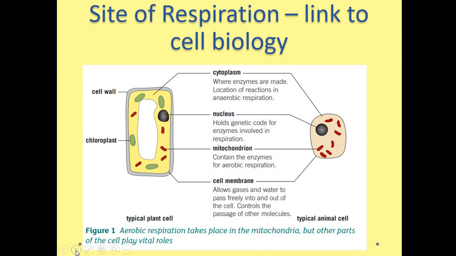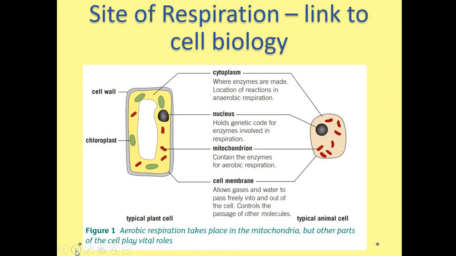And of course, in thinking about aerobic and anaerobic respiration, well, aerobic respiration, of course, happens in the mitochondria, but we also need to think about the site of anaerobic respiration. We can link this to the diagram that's up on the screen here. So what I'd like you to do at this point, having made a couple of notes from the previous slide, is to draw this diagram down to remind ourselves of the link to cell biology here.